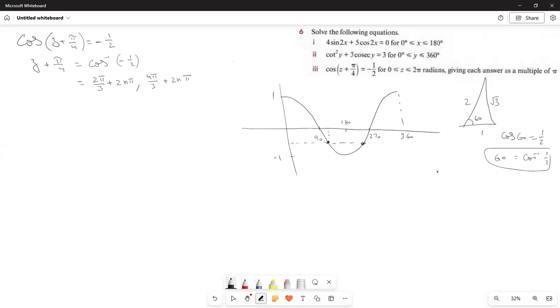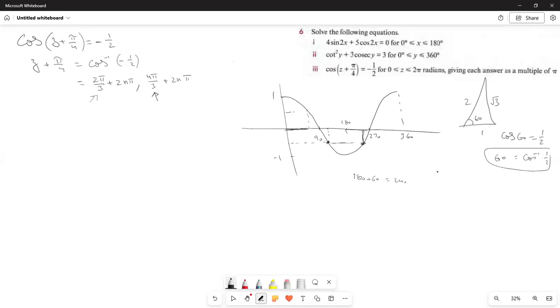Because if I have only 1 by 2, it will give me 60 degree from 0. Now it is symmetric, so from 180, I have to go back 60 degree. That gives 120, which is this value. And from 180, when I go ahead to get this one, it is 180 plus 60. So this is going to be 240, and 240 is 4 pi by 3.